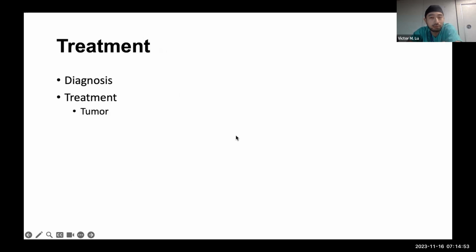So again, if you had to come up with a plan for diagnosis and treatment, what do you think we could do? So I think the easiest way to diagnose and treat would be to resect it. It's a solitary lesion. It's pretty well circumscribed. Maybe a left temporal craniotomy, resect that and send it for path to get a diagnosis as well.